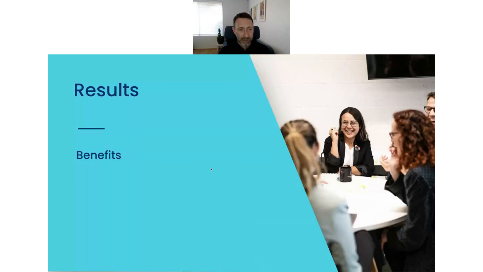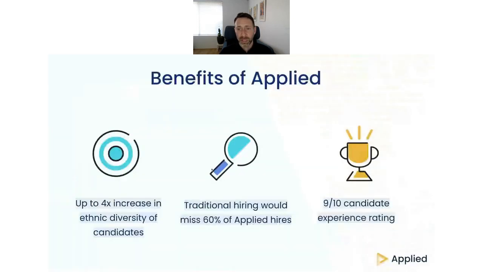Very briefly, just a little summary of what happens if you get this right. On the Applied platform, we see a 4 times increase in ethnic diversity of candidates, up to 4 times. So you really do see the candidate pool change and become more diverse as you use the methods in the Applied platform. Using traditional hiring versus Applied would mean you miss out on 60% of the Applied hires.